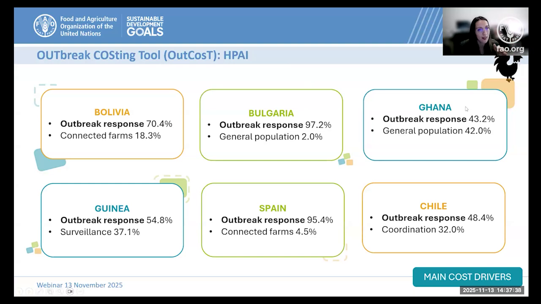And if you look at Ghana, for example, it also had a big amount of money or measures applied in the general population. And for Chile, this country also implemented a lot of measures concerning coordination.